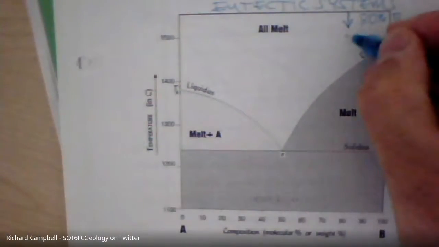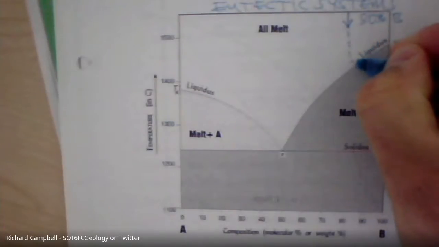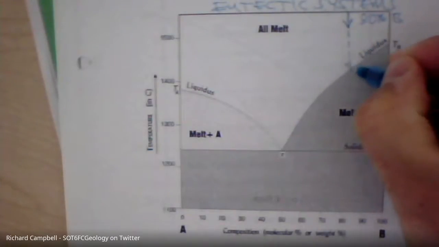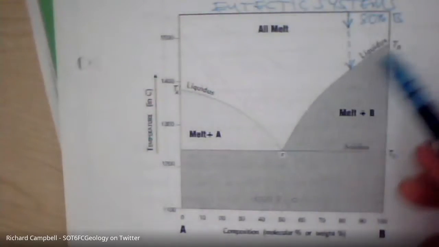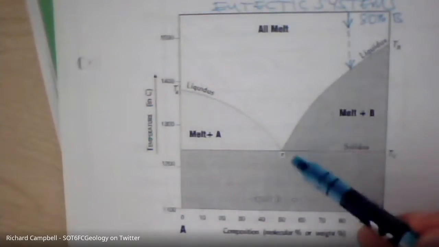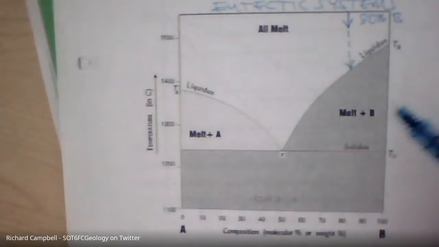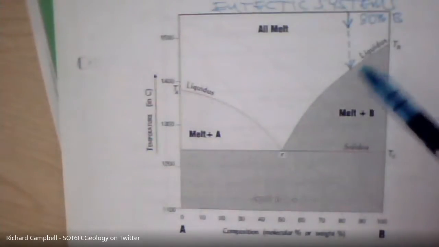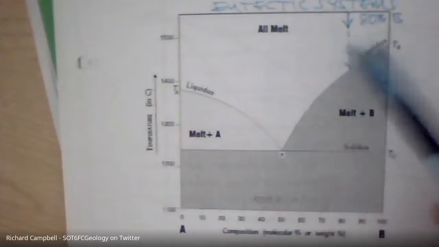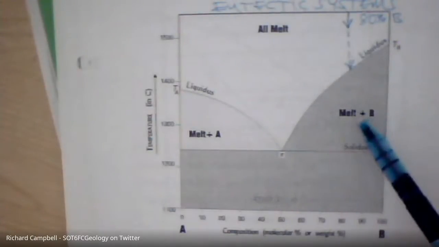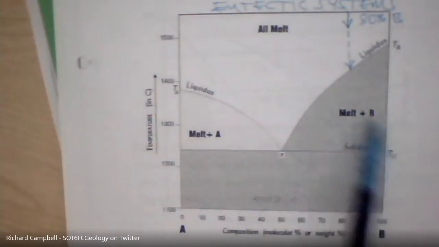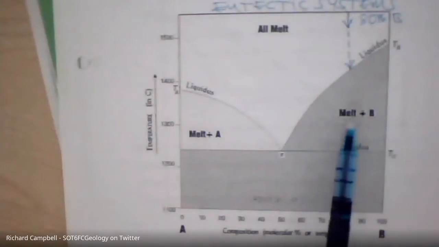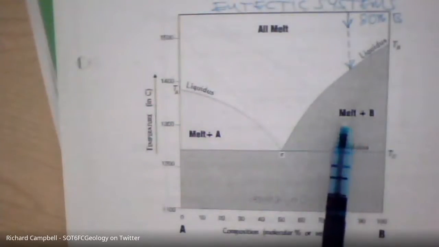If we follow this line down here until we get to this line called the liquidus. The liquidus is the point at which some of the melt starts to turn into solid. And in this instance, mineral B starts to crystallize.